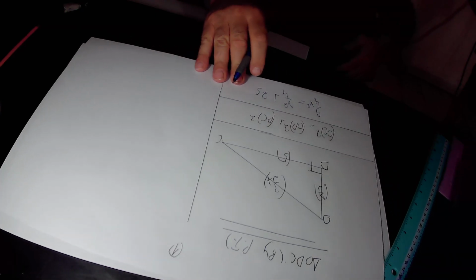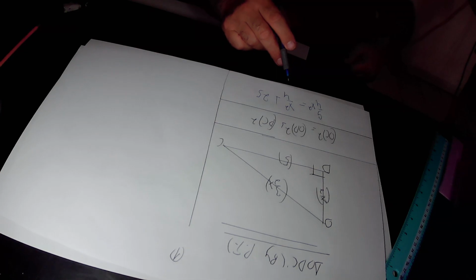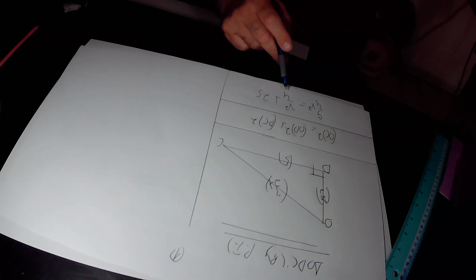So in total we should find out that 9 quarters x squared equals 1 quarter x squared plus 25, or 9 quarters x squared equals to 1/4 x squared plus 25.